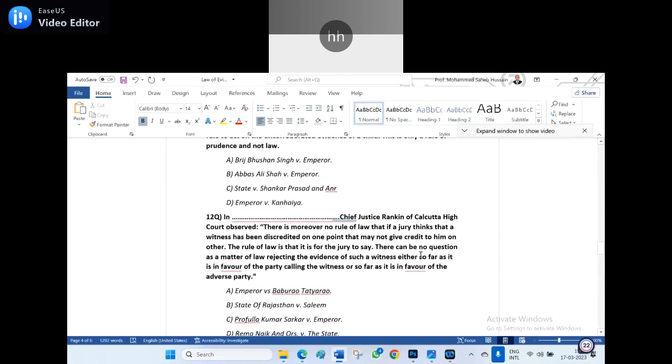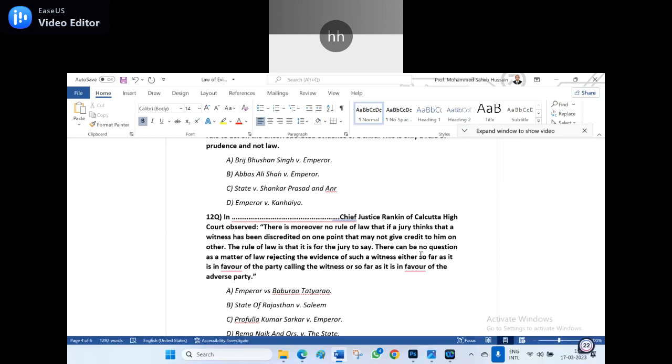Now the 12th question. In dash, Chief Justice Rankin of Calcutta High Court observed, I quote, there is moreover no rule of law that if a jury thinks that a witness has been discredited on one point, they may not give credit to him on another. The rule of law is that it is for the jury to say.